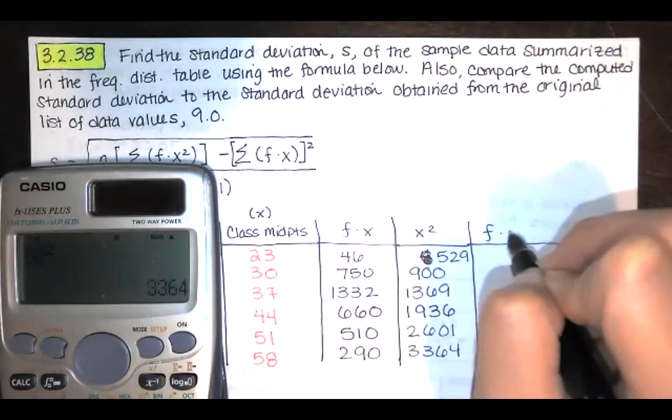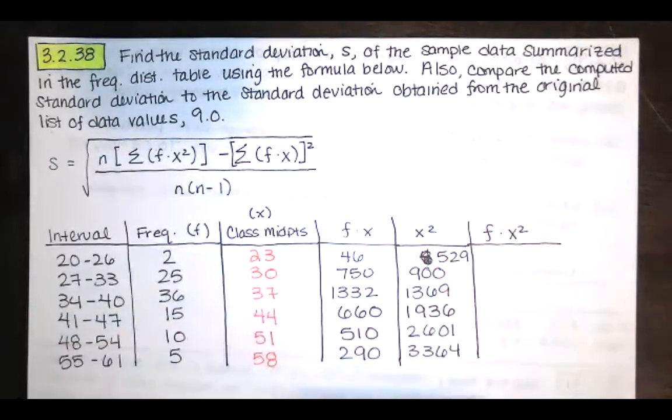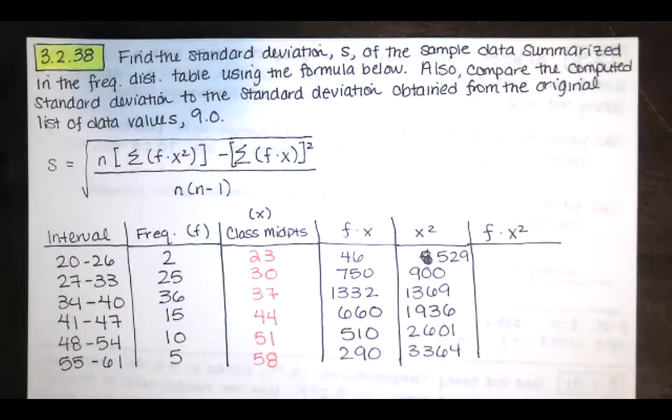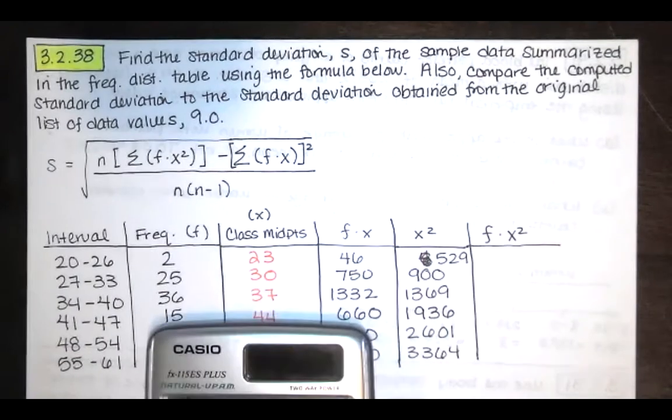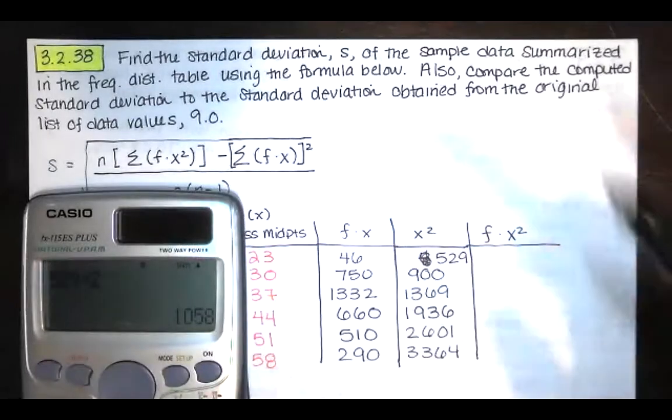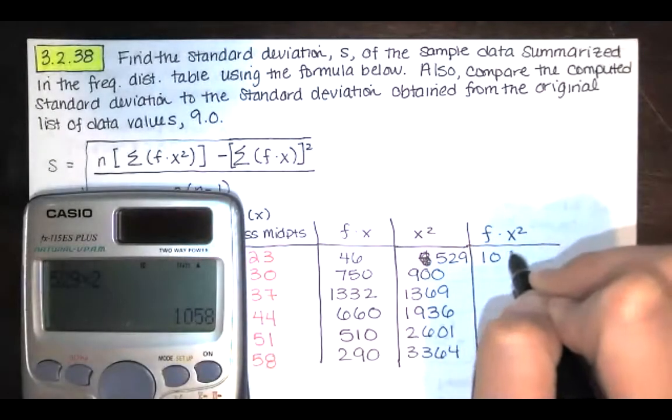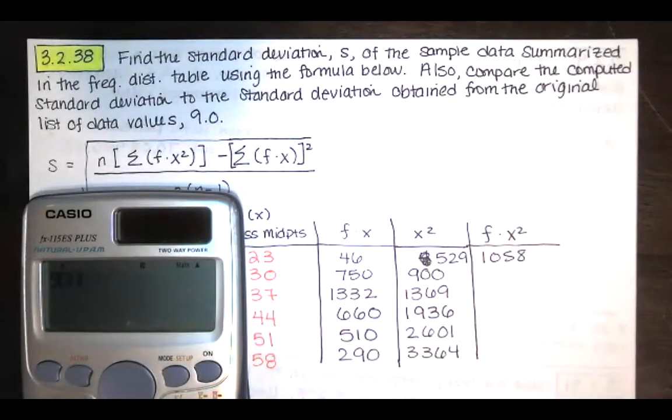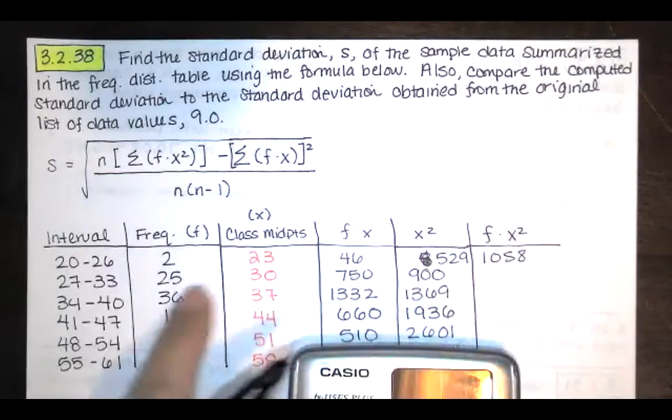I want to take each of the class midpoints squared and multiply by the corresponding frequency to get an approximation of the sum of the squared x values in the original data set. So I want this 529 times the frequency, which is 2. And then the 900 times the frequency of that class, which is 25.